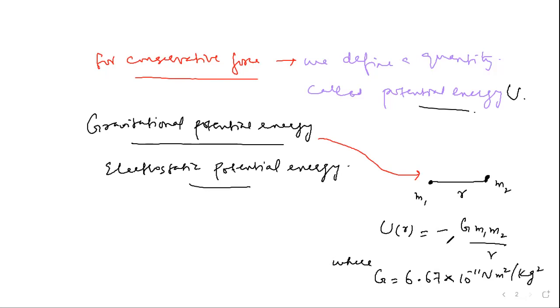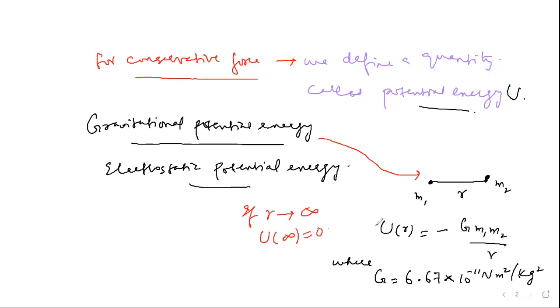Another thing you need to remember: when we say the gravitational potential energy of a two-point mass system separated by distance r is minus G m1 m2 by r, it is assumed that when these masses are infinitely apart, that means when r approaches infinity, the potential energy in that configuration is zero.